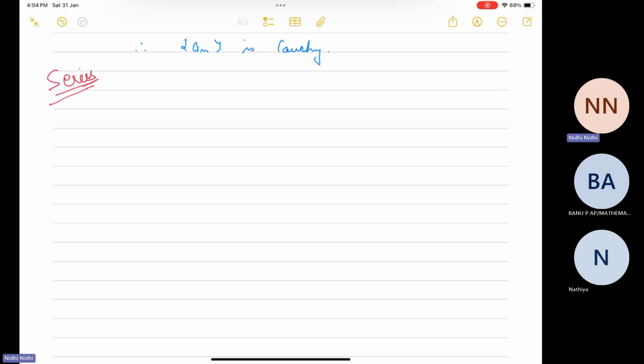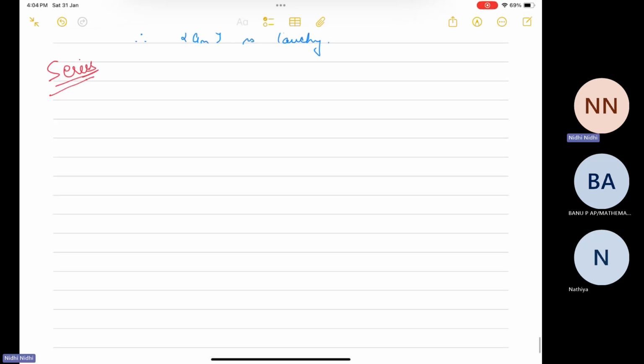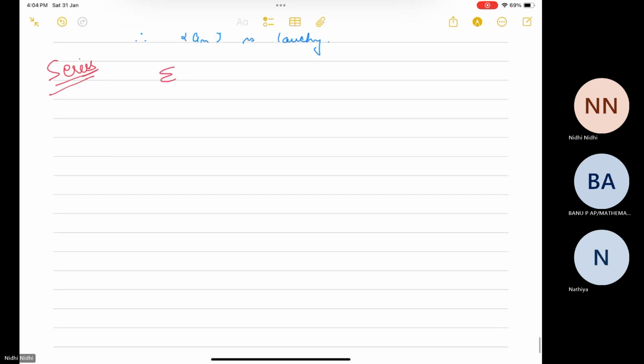So a series, we generally write it like this, where a_n is some sequence. So we start with a sequence. Suppose a_n is a sequence of real numbers.